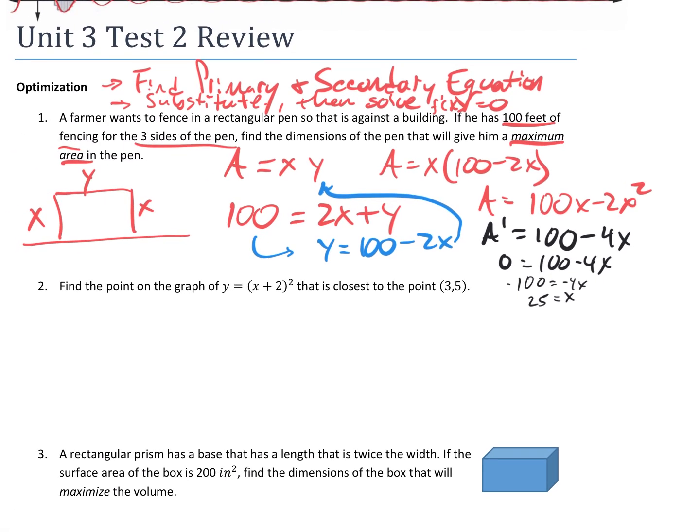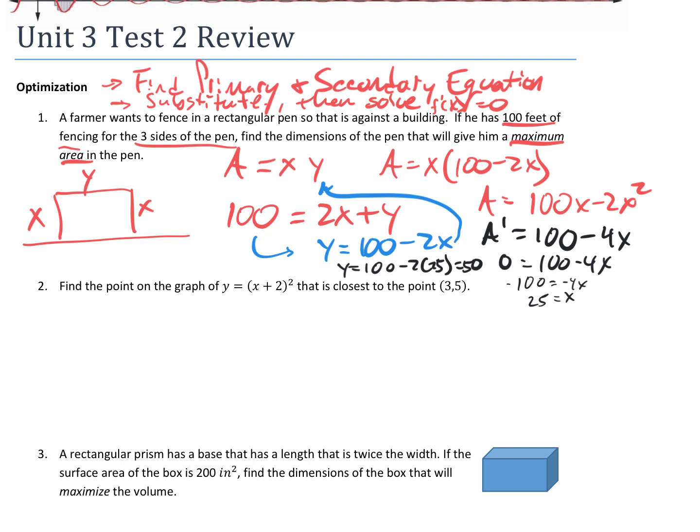The question is find the dimensions, so we're halfway there. Make sure you always go back and check what the question was asking. We found one of the dimensions, 25. If we plug that back in here, we have y equals 100 minus 2 times 25, which is 50.